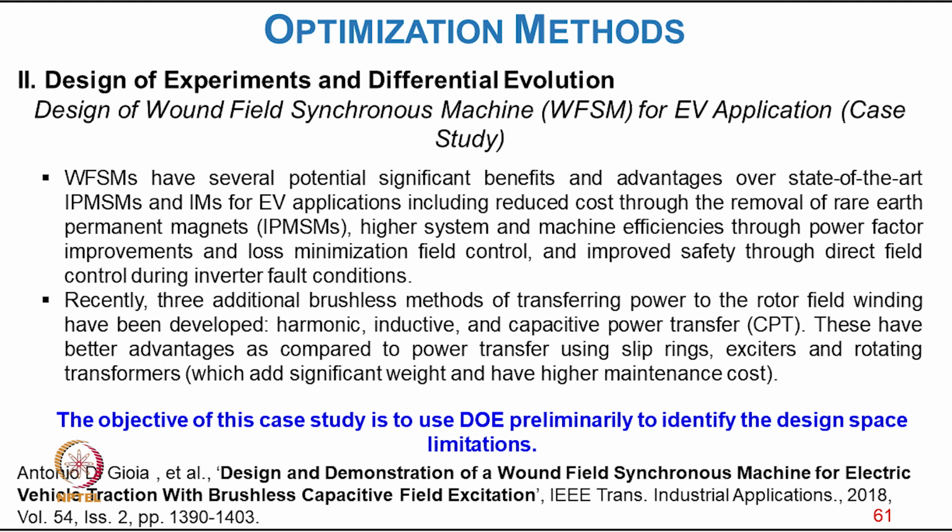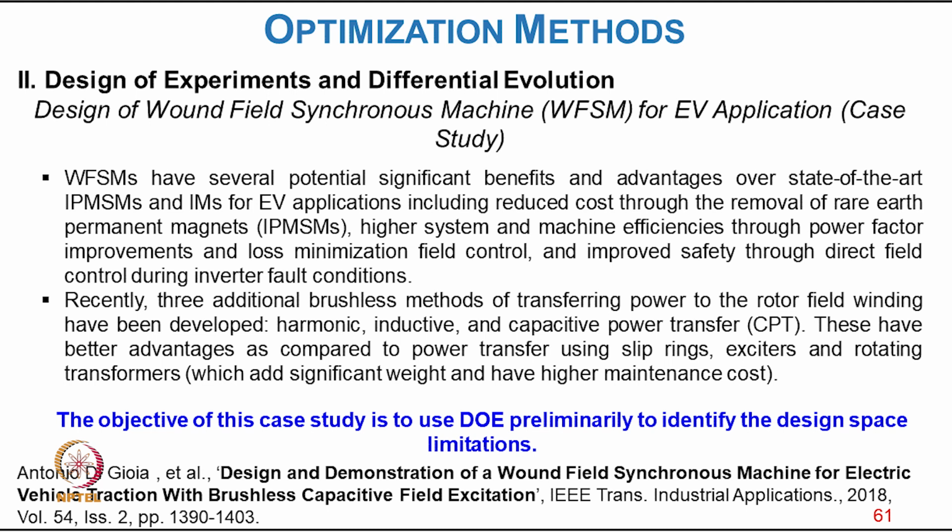This wound field synchronous machine has several potentially significant benefits and advantages over the state-of-the-art interior permanent magnet synchronous motor and induction motor for EV application, including reduced cost through the removal of rare earth permanent material, higher system and machine efficiency through power factor improvement, loss minimization and field control, and improved safety through direct field-oriented control under inverter fault conditions.